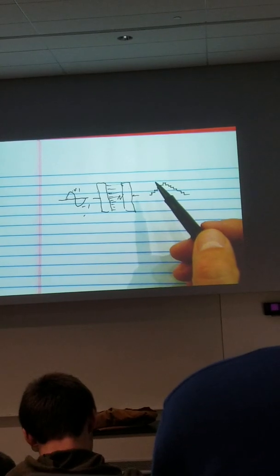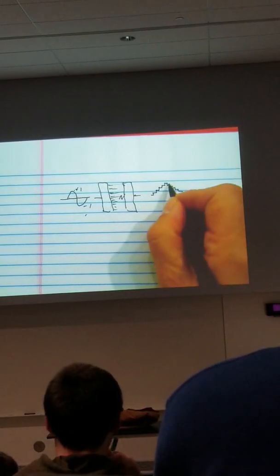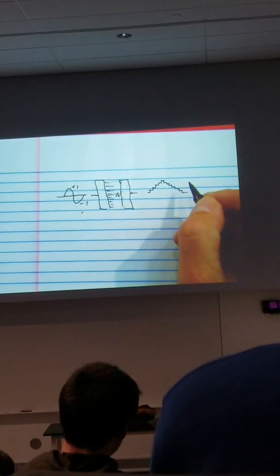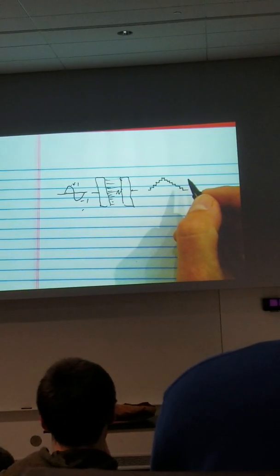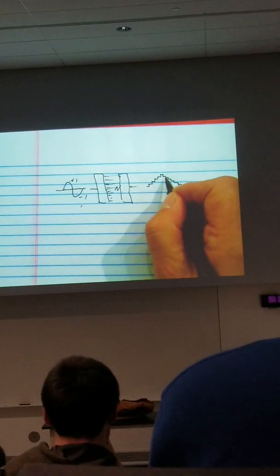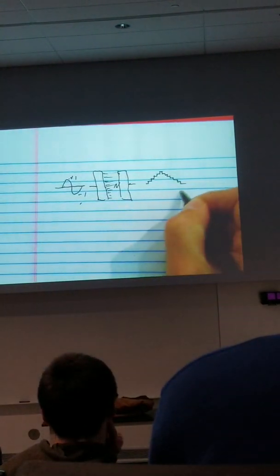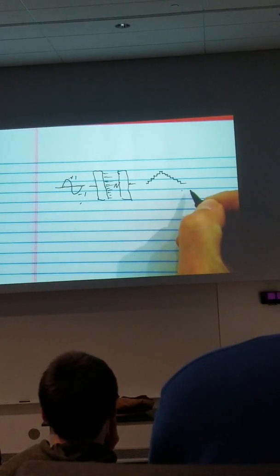So each one of those is going to be quantized. These steps are going to be 8 millivolts apart, roughly. Okay, 2 volts divided by 256. So about 8 millivolts apart. So, that's actually getting to where it's observable pretty easily.